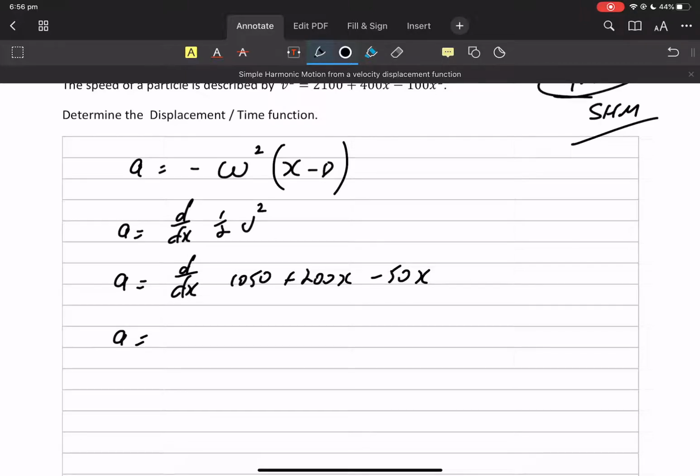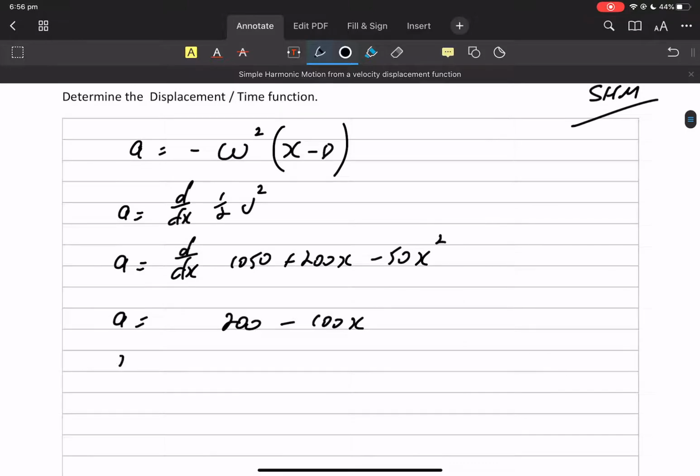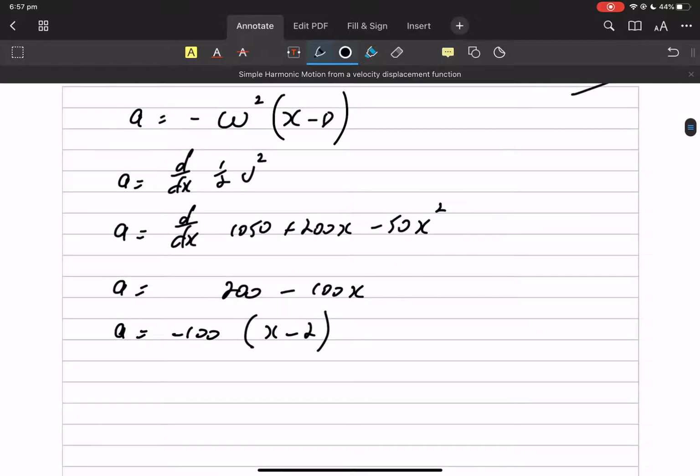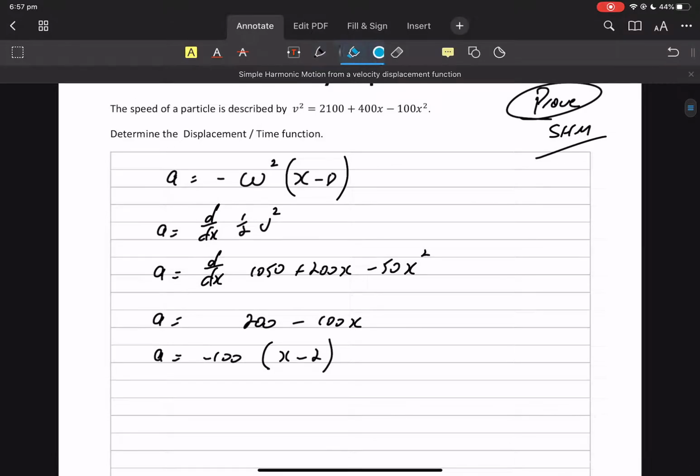So acceleration will be 200 minus 100x, and acceleration will be, let's go with the minus 100, x minus 2. There we have it. Therefore, it is simple harmonic motion.